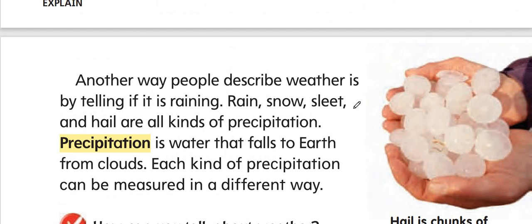Rain, snow, sleet, and hail are all kinds of precipitation. Precipitation is water that falls on the earth from the clouds, and each kind of precipitation can be measured in a different way.